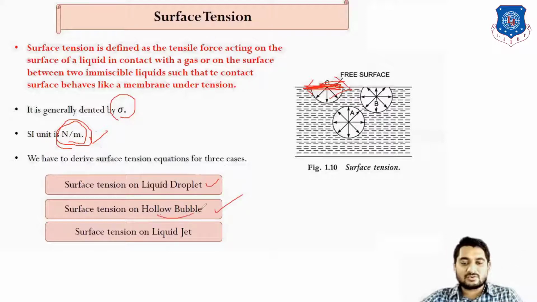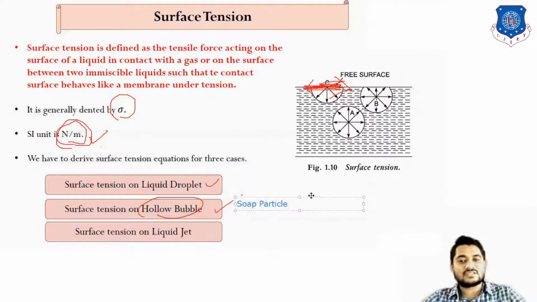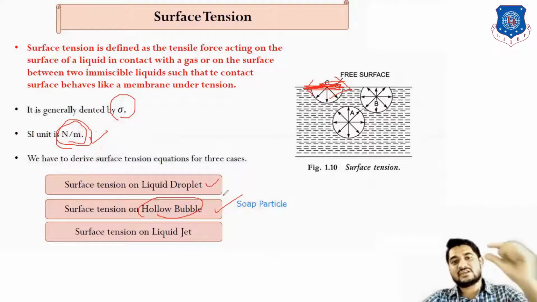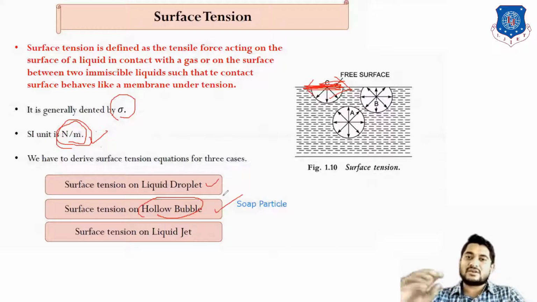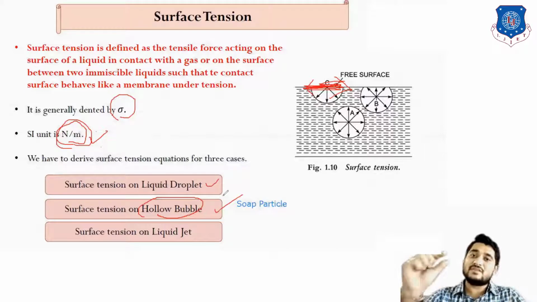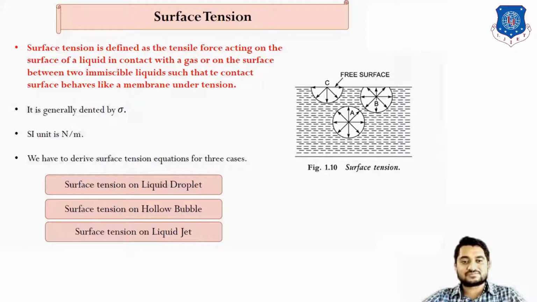We can say hollow bubble as soap particle also, so we can write soap particle for case number 2. And for the third case, surface tension for the liquid jet. Remember this, guys: a liquid jet is in cylindrical form, and for a liquid jet the length is very much greater than its diameter. So let us derive the equation for all three cases.